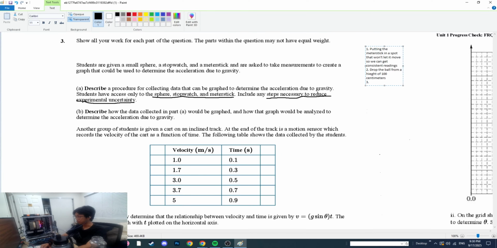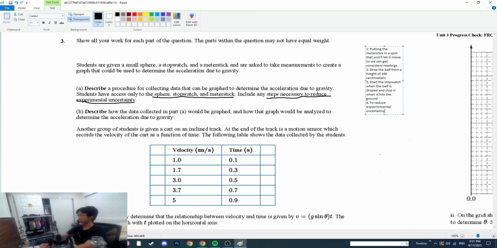And our third step would be to start the stopwatch when the ball is dropped and stop it when it hits the ground.